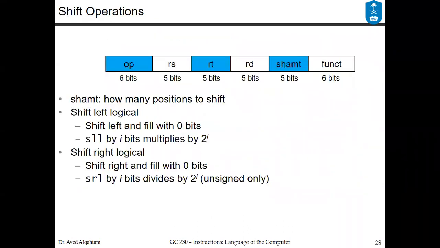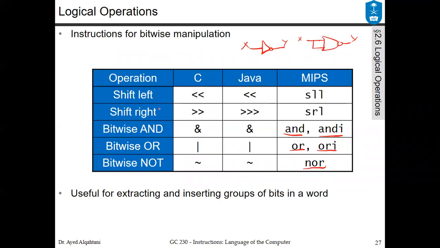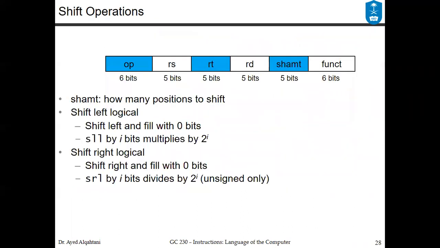Now the shift operation, we will start with this shift as we started here, and we will try to follow with the other instructions. The shift operation has R type, and we have SLL, which means you are shifting to the left logically.